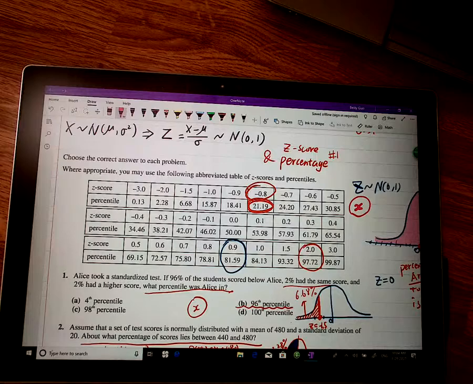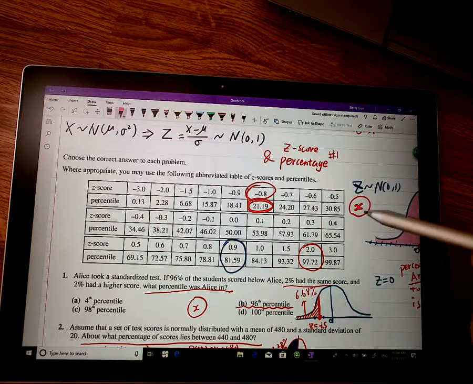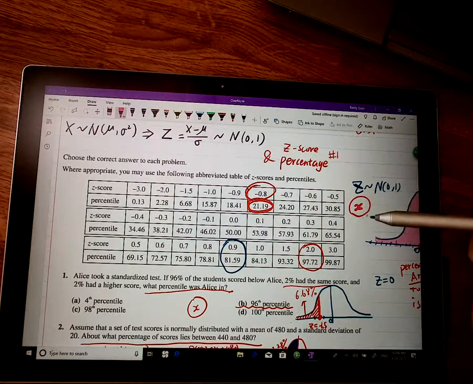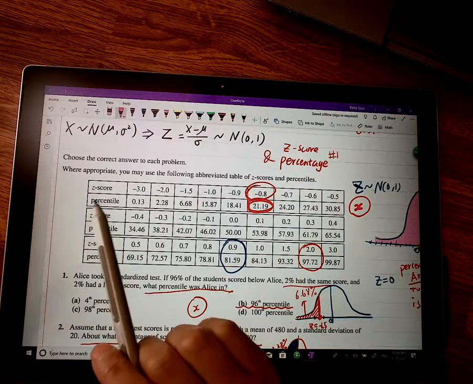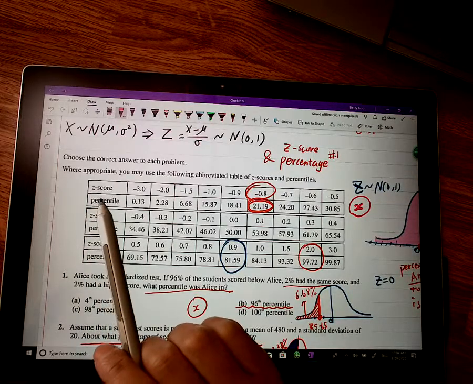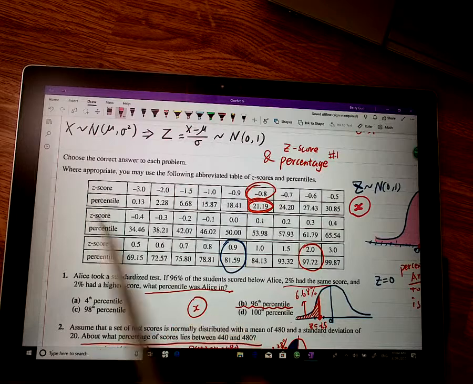Okay, you see what I'm saying? So z-score, just simply understand it as the relative standing of the value you concern. We covered that in previous video. The second row is the corresponding percentile for your value.